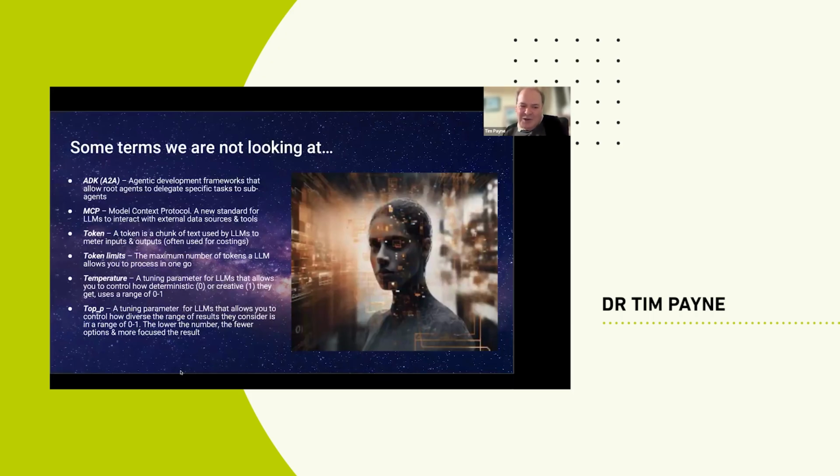The other one is the top P tuning parameter, which I think is specifically for Gemini, but it can basically tune how diverse the results that you look at are. If you want to be very focused in the results, then you can tune it down to 0.